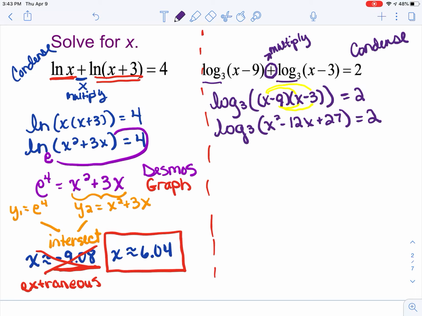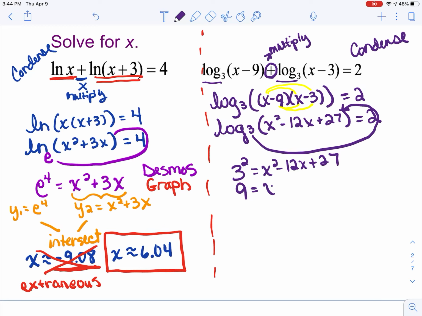All right, now we have only one log. One log means we transform it into exponential. So I have my base of 3: 3 squared equals x squared minus 12x plus 27. 3 squared is 9, so 9 equals x squared minus 12x plus 27.